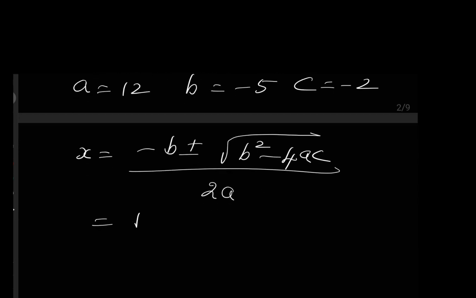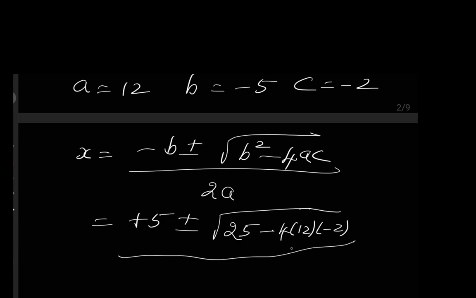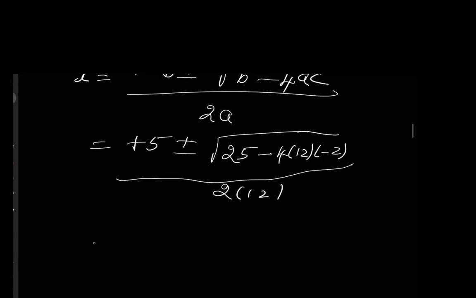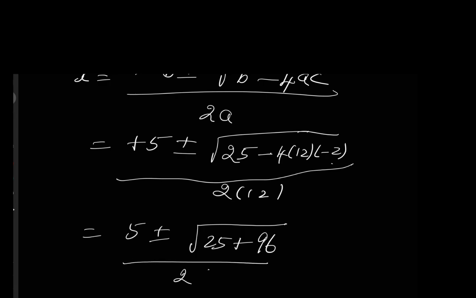Minus b, it is minus 5, so plus 5 plus or minus b squared, minus 5 squared, 25, minus 4ac, 4 into 12 into minus 2, divided by 2a, 2 into 12. So that is 5 plus or minus root of 25 plus 4 2s are 8, 8 12s are 96, divided by 24.